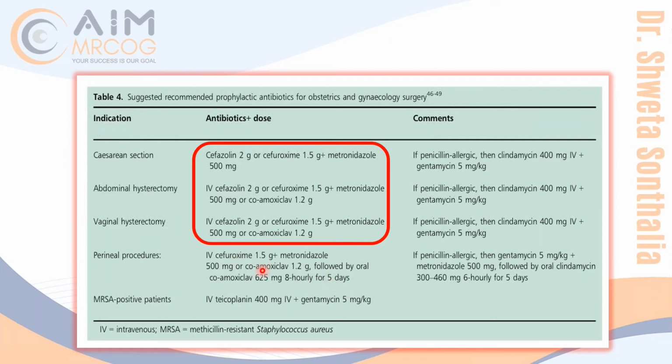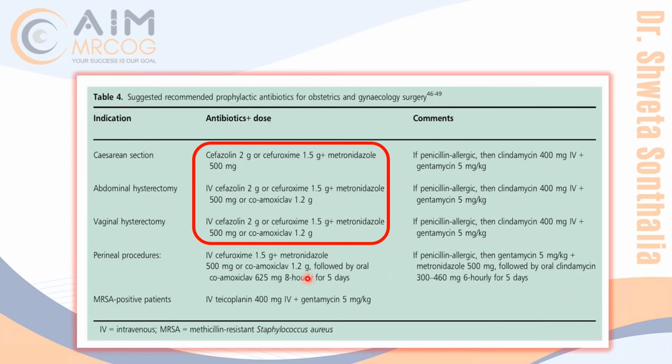So please remember this. Now in MROP, manual removal of placenta, will you give prophylactic antibiotic or not? You will give one dose of prophylactic antibiotic, but after removal, it depends on the signs and symptoms. You will not continue it unless there are signs of infection like fever. But a loading prophylactic dose you will give.